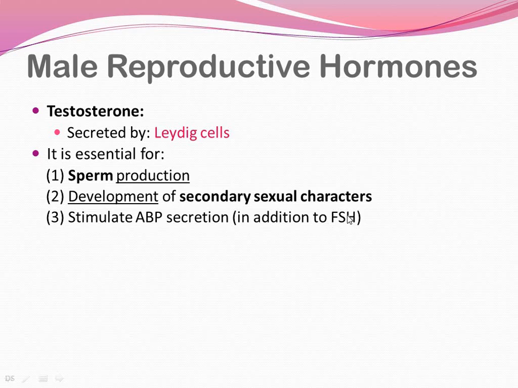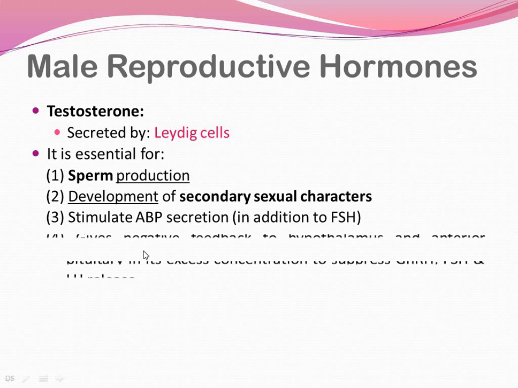In addition to FSH, testosterone also stimulates androgen binding protein secretion. So it's a vice versa situation. Androgen binding protein helps concentration of testosterone, and testosterone will further help the stimulation of androgen binding protein. So these two have a mutual phenomenon by which they increase their action.